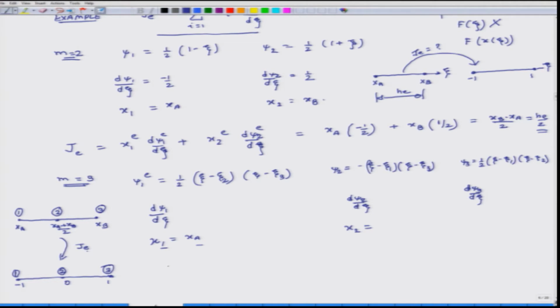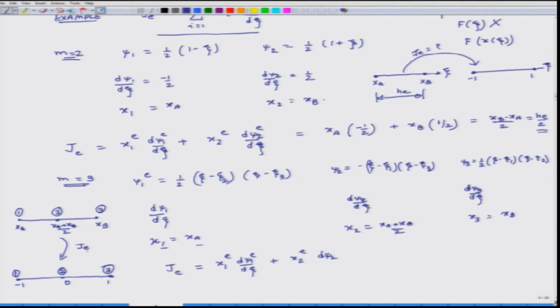So x1 is xa, x2 is xa plus xb over 2, and x3 is xb. Using this, I write down the relation for the Jacobian.